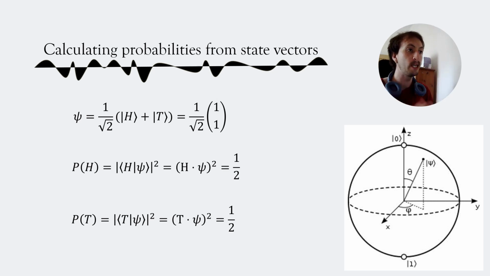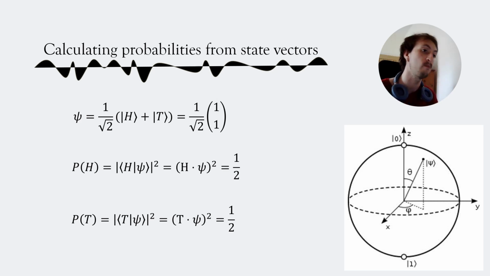So this has been fairly rapid. Don't worry if you haven't got all the details. The main thing is that we can have quantum states which lie somewhere between classical states, but we always observe things in classical states and we can get probabilities from it. Now, if you've done the scalar product before with vectors in A-level maths, you'll be fairly familiar with it, but if you haven't, don't worry.